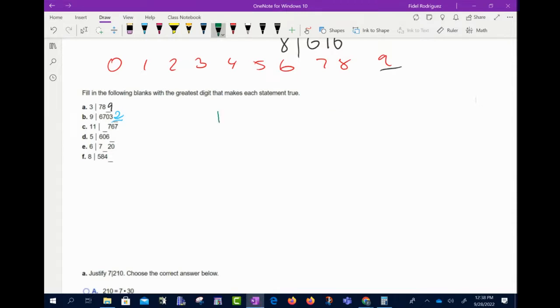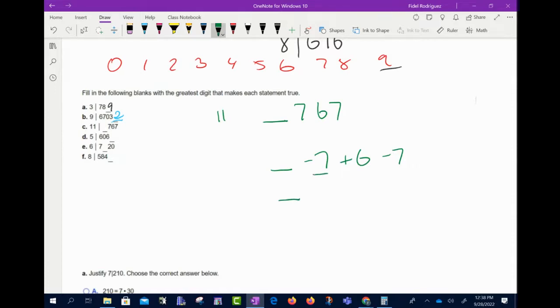Okay, so 11 is supposed to go into blank 767. Okay, so y'all, the way I do this piece, remember, whatever that first number is, I'm going to leave it alone. And then I'm going to subtract 7, I'm going to add 6, and I'm going to subtract 7 again. Because we got to do that little alternating bit, right?